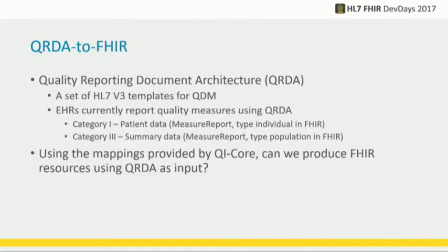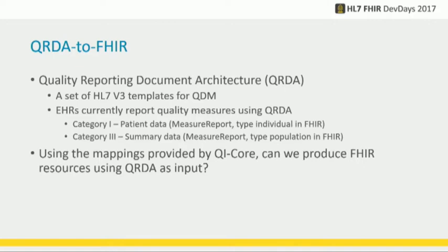So one approach to using these mappings is to say, can we do a QRDA-on-FHIR? Can we take a QRDA document that an existing EHR can produce, and use those mappings to create a set of equivalent FHIR resources? Category 1 would be patient data, and category 3 would be the summary data. Category 3 would be pretty straightforward, because that would just result in a measure report with some counts.